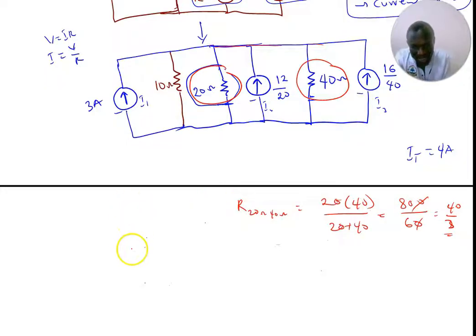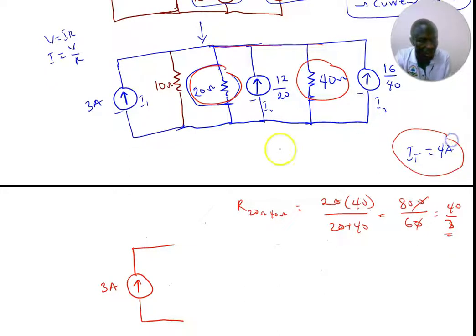I'm going to get a current source, which is, not 3 amps, sorry, the IT. We had 4 amps. We are combining all the current sources together. So it's going to be 4 amps.